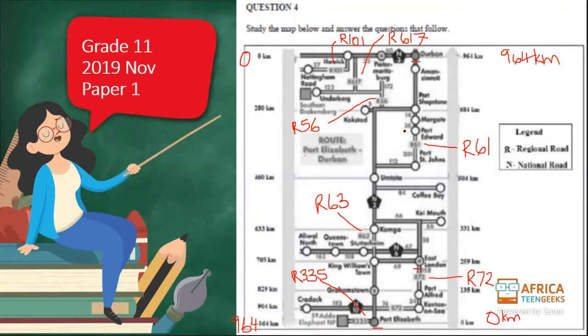It is a national road. 20 seconds left. What is the name of the national road that passes through East London, that joins Durban and Port Elizabeth?